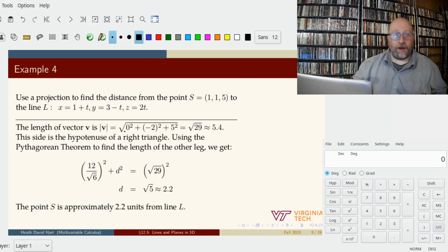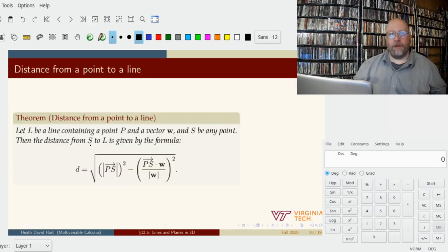And the length of the vector v is the square root of 29. That's about 5.4. I don't know if we need that number yet. But then we used the Pythagorean theorem, 12 over root 6 squared plus d squared equals root 29 squared. And so the distance is the square root of this amount minus this amount, which is root 5. Okay? All right, let's move on.